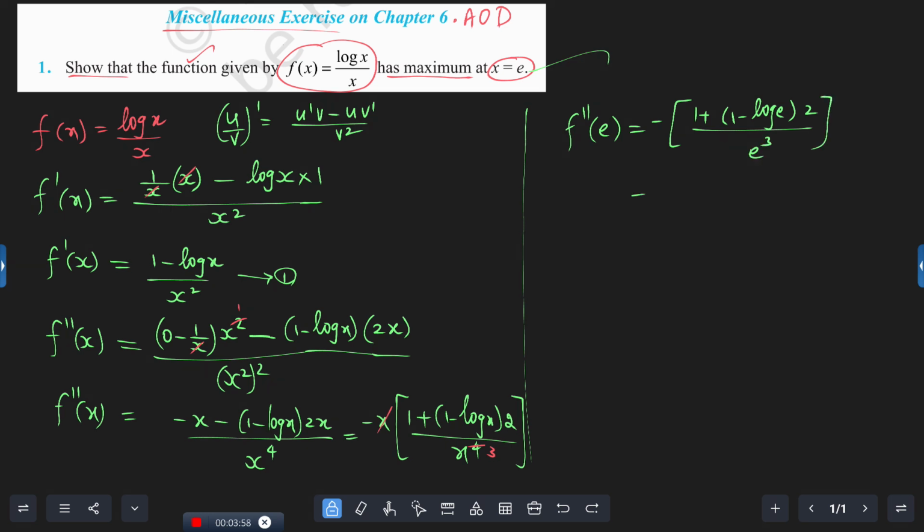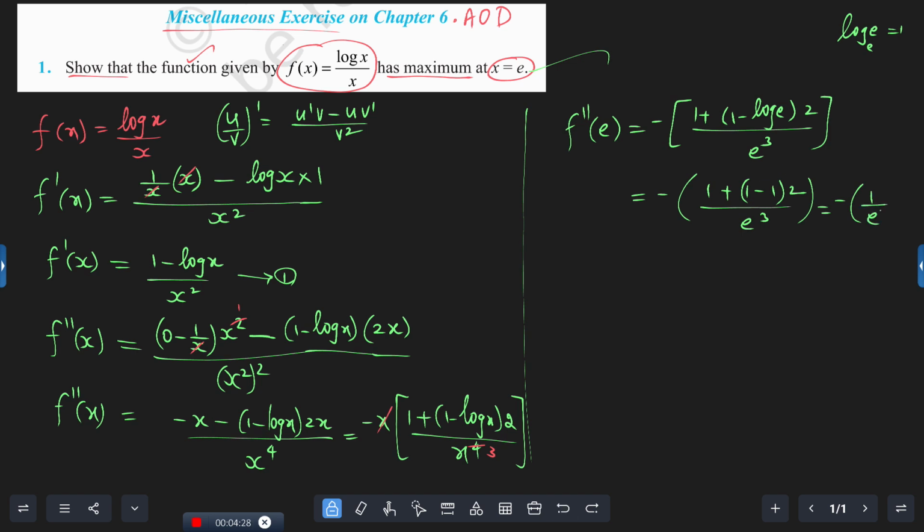What is the log e value? Log e to the base e is 1. Even if the base e is not written, you have to consider that there is a base e. So it will be minus of 1 plus (1 minus 1) into 2 divided by e power 3. 1 minus 1 is 0, and 0 into 2 is also 0.